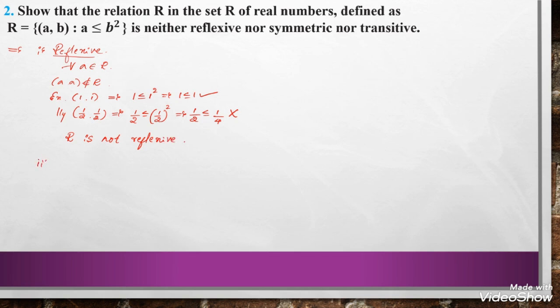Similarly, I will check the symmetric condition. According to the definition of symmetric, if (a, b) belongs to R, then (b, a) also belongs to R. Let us consider an example, (1, 2). (1, 2) belongs to the relation, that is 1 ≤ 2², yes, this is possible because 1 is less than 4.